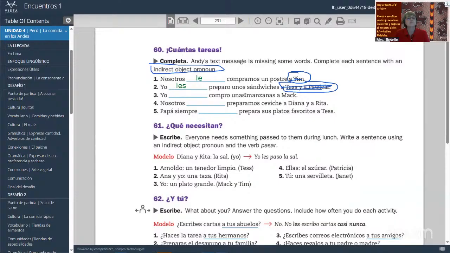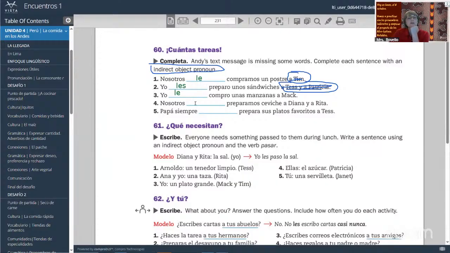Good, Jo Marion. And well, what did we do in number 1, you guys? Didn't we buy something up here for Tim? So this is just Mac now. So what is our answer? Right. All right, very good. So we would say le.